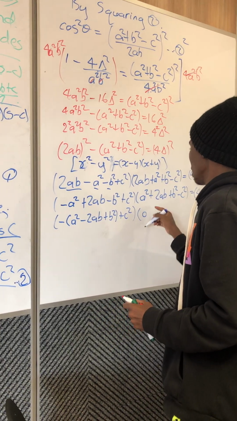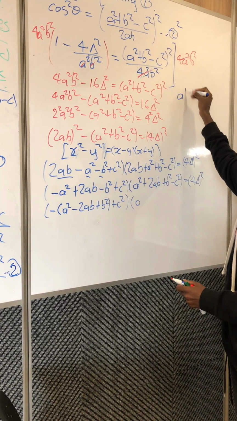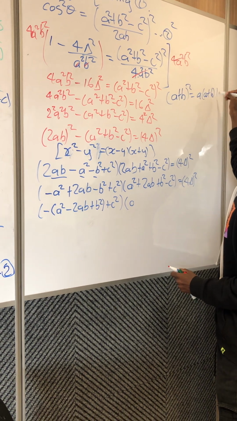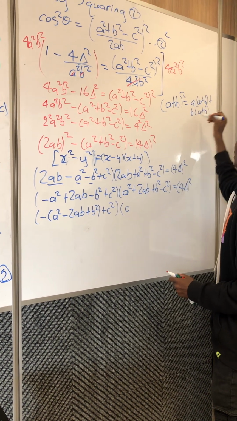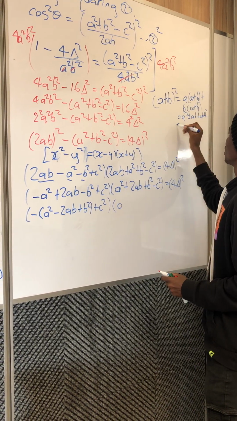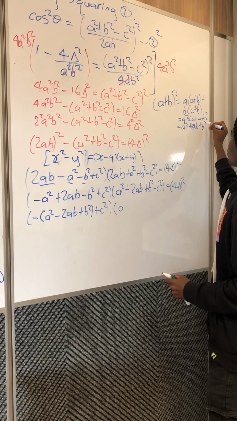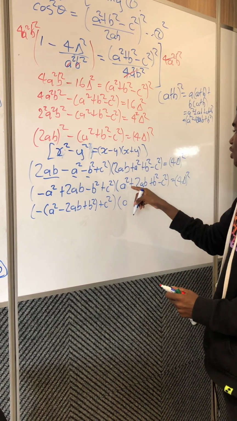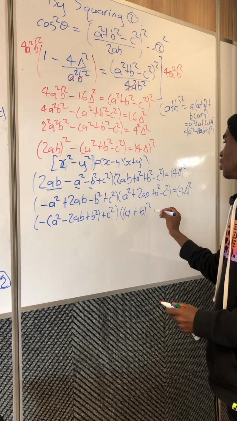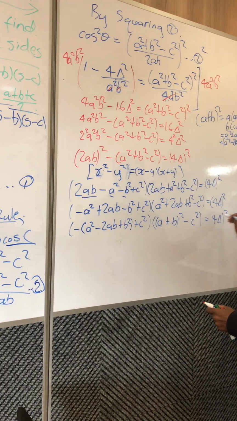Now, if you can recognize, a plus b squared I can expand to a plus b times a plus b, which is a squared plus 2ab plus b squared. So this guy over here is a plus b squared, then minus c squared is equal to 4 delta squared.